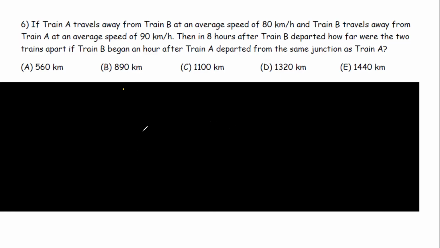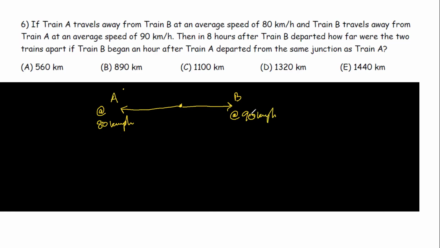So one part we know is that train A travels away from train B at an average speed of 80 kilometers per hour. So that is A at the rate of 80 kilometers per hour. And train B travels away from train A at the rate of 90 kilometers per hour.